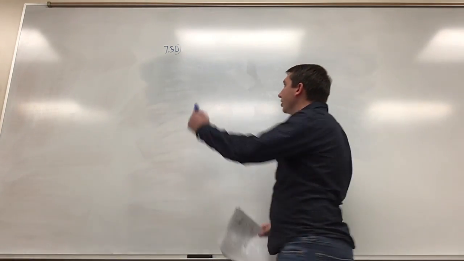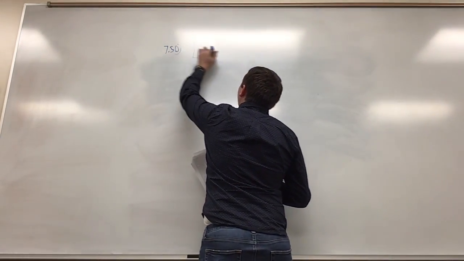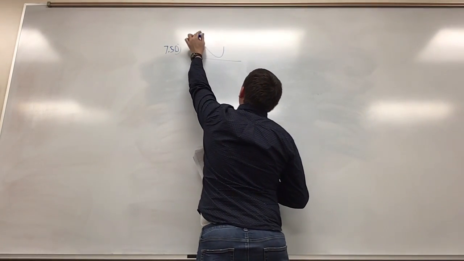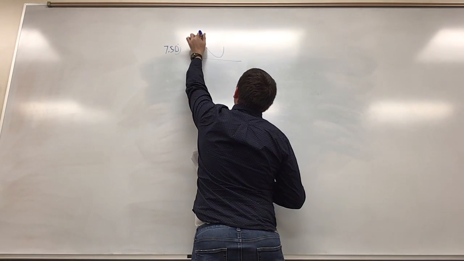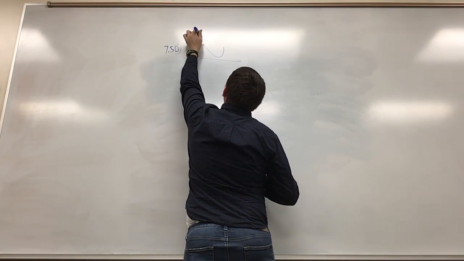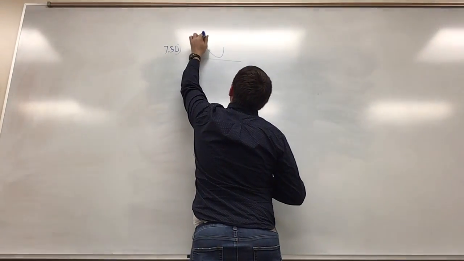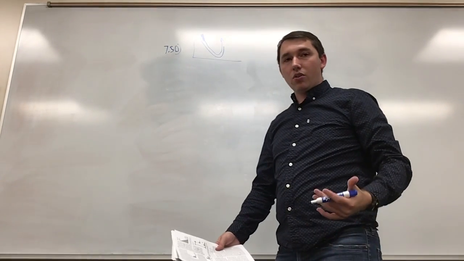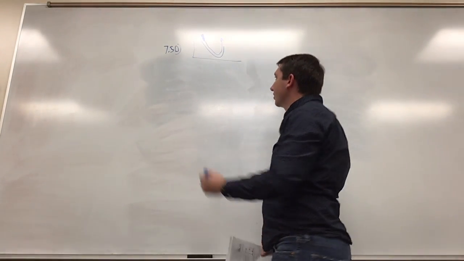So if we draw a picture, we've got a ramp. It's going to come up and launch a rocket that's going to go up and go that way the whole time that the engines are burning.